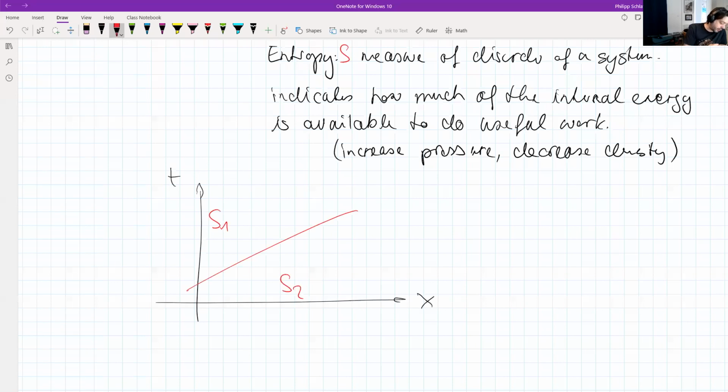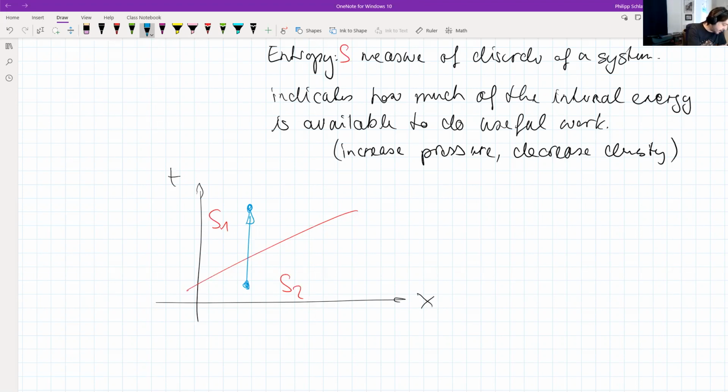Actually the letter for the entropy is S. Now the idea is, if I'm located at a certain position X and I go from a region with an entropy S2 into a region with an entropy S1, and I go over a shock, the idea of the entropy condition is that the shock can only increase the disorder of the system.